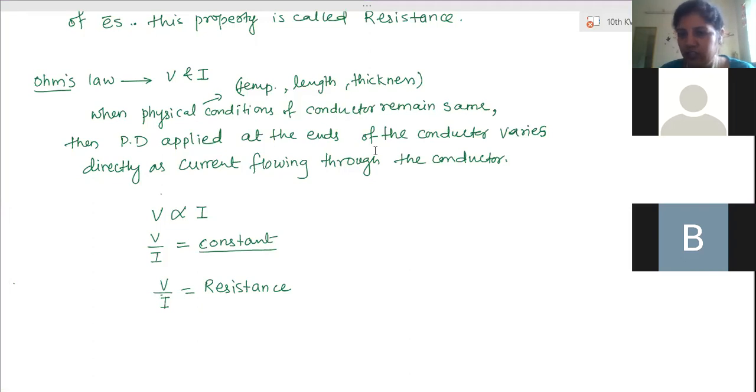You cannot change anything. If there is any change, you will get no marks, because this is very important. Have you written it down? Yes, ma'am.